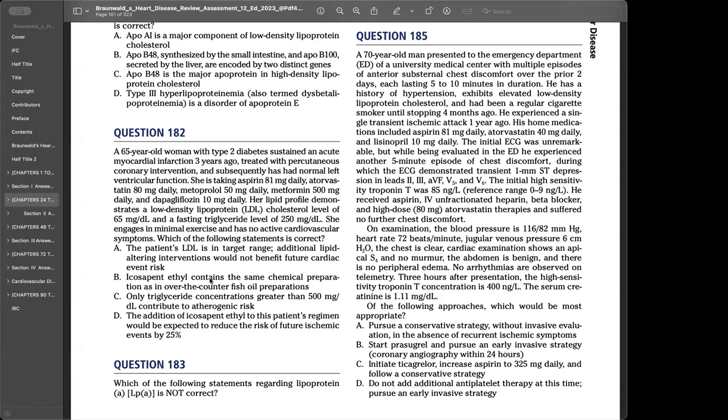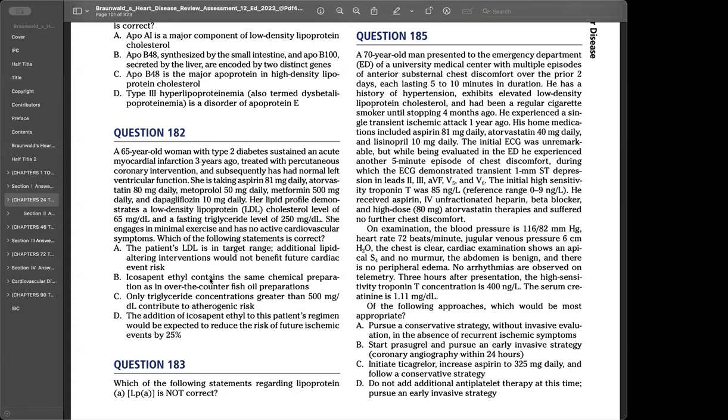Then he has a background history of a TIA, that's a stroke, and comorbidities like hypertension, smoking history, even though he stopped 4 months ago. It usually takes about 2 to 3 years for the risk of a former smoker to be similar to that of a non-smoker. Then he also has hyperlipidemia.